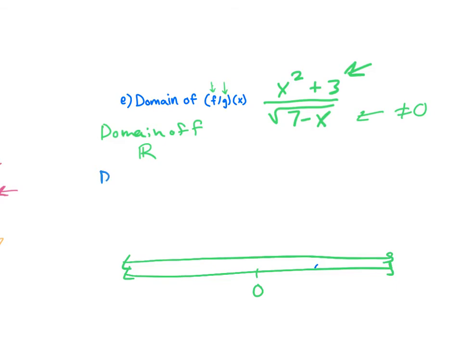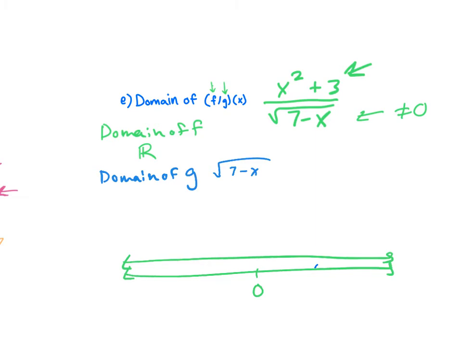Now we have to find the domain of g. g is the square root of 7 minus x. What do we know about a square root? What can we not have under the square root? A negative.